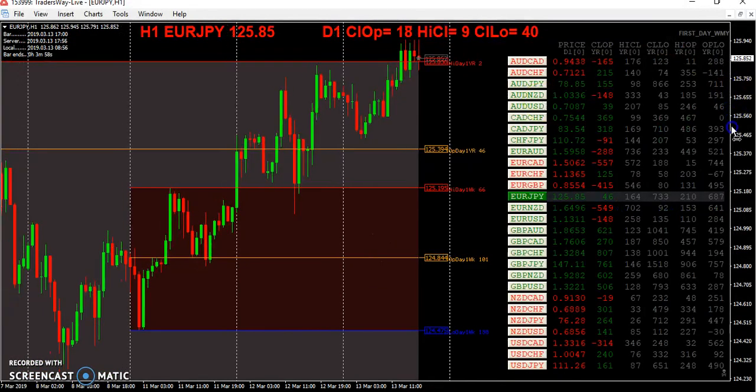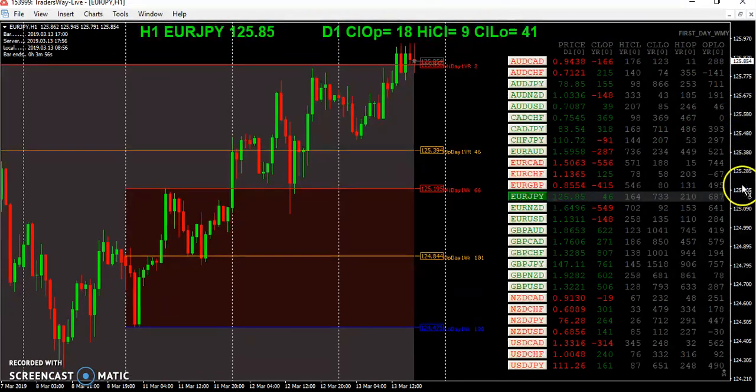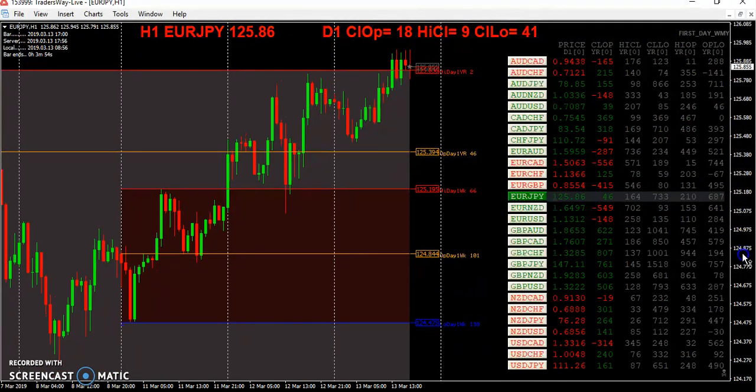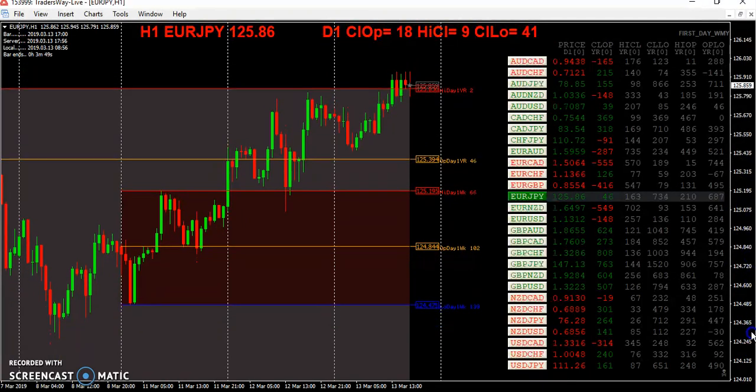And as you can see right here, using the first day of the week, first day of the month, first day of the year as areas to look for breakouts. Yesterday, we dipped back in.